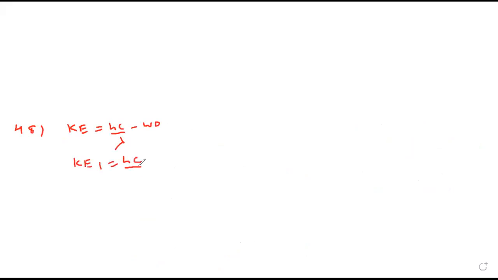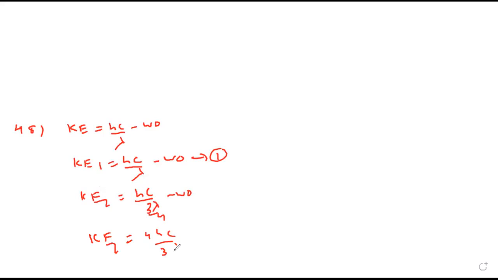Ke1 is hc by lambda minus work function. Ke2 is hc by lambda, where lambda is given as 3 lambda by 4, minus work function. So Ke2 is 4 hc by 3 lambda minus work function.